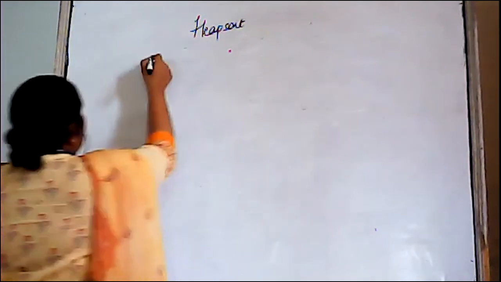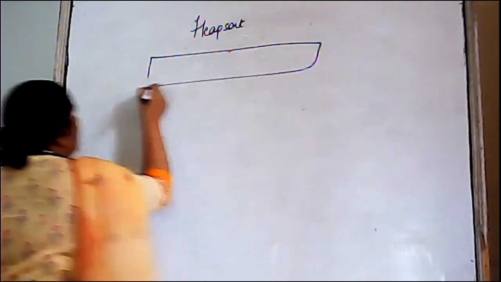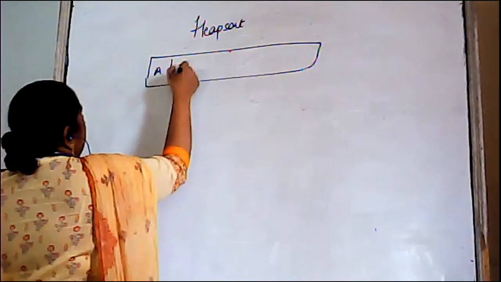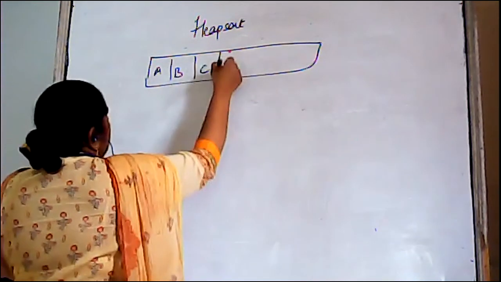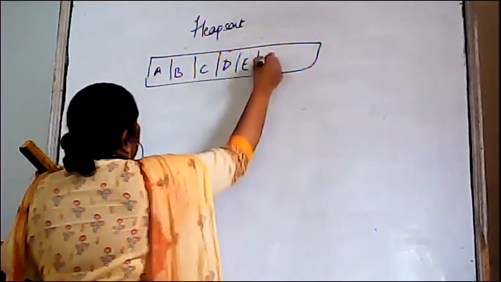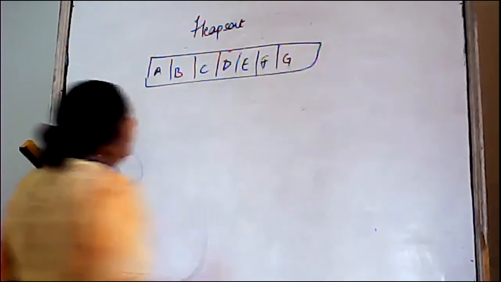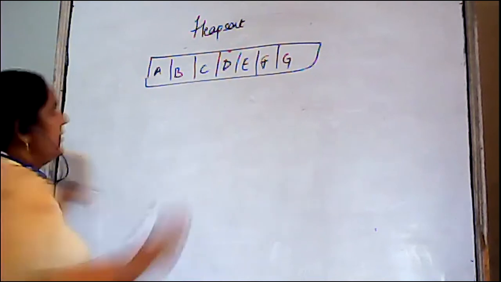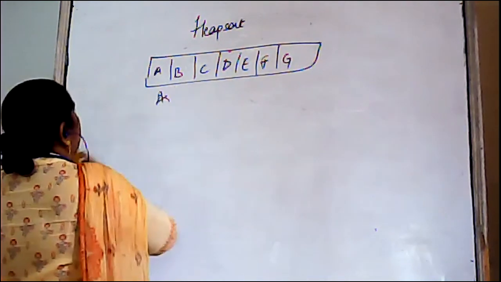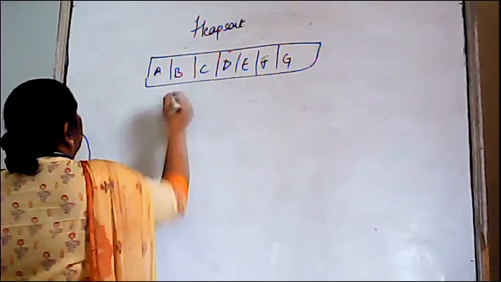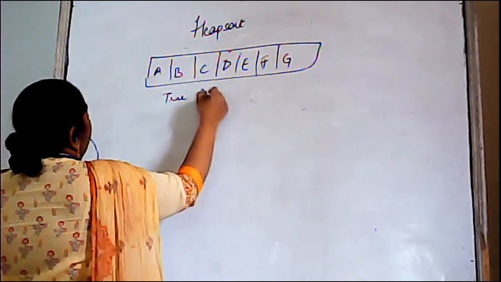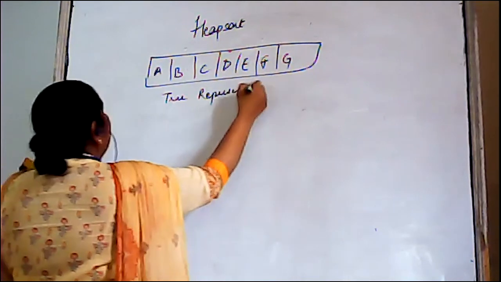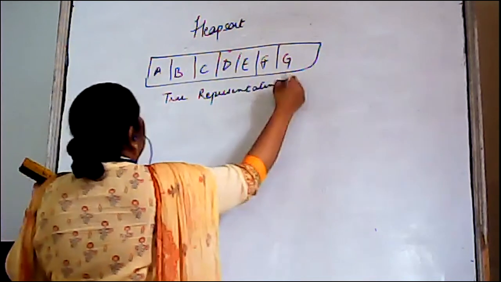Suppose these are the arrays A, B, C, D, E, F, and G. We are doing both ways actually: array representation, tree representation of array, and array representation of tree. We will be doing both ways.